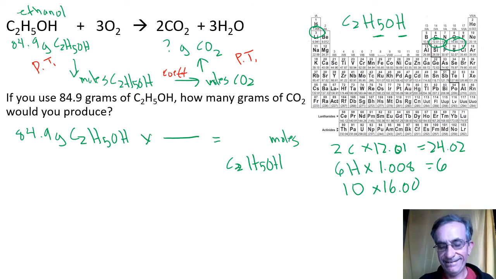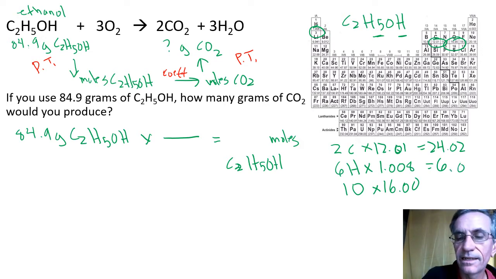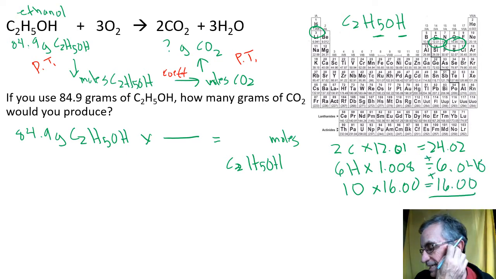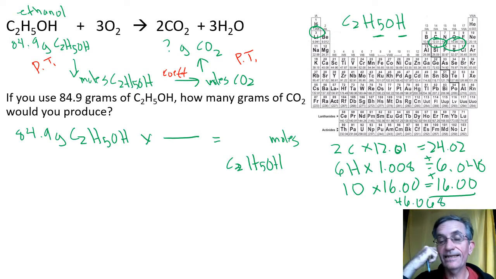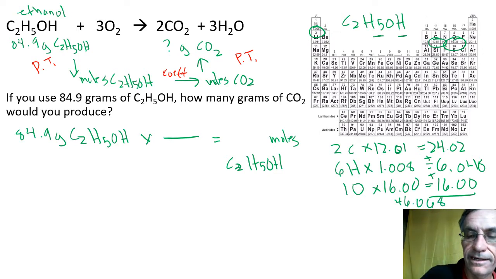Sorry. I don't want to make a math mistake. Yeah, 6.048, and then you add 16 to it. If you put it all together, the grand total is 46.068. Now again, 46.068 grams equals a mole. That's what that number means.